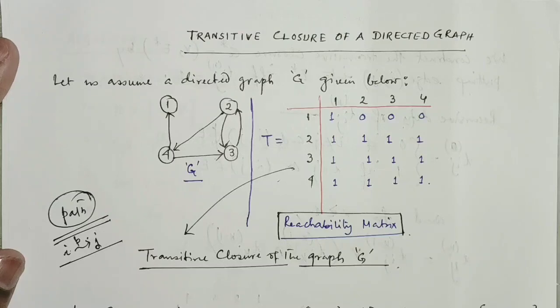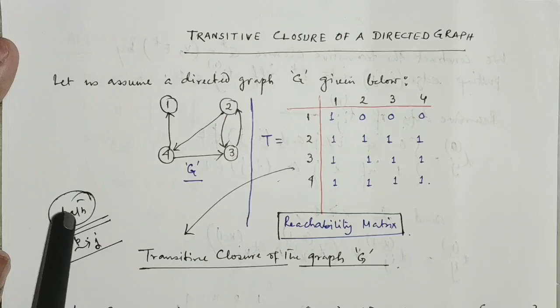Your main assignment or duty is to identify whether there is a path between a pair of vertices i and j. That is why the main important parameter here is path identification. So, is there any path from i to j?